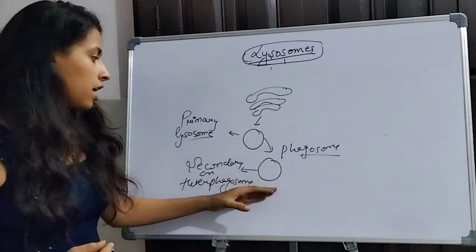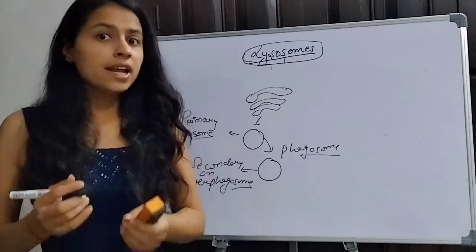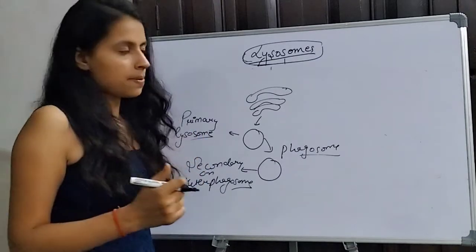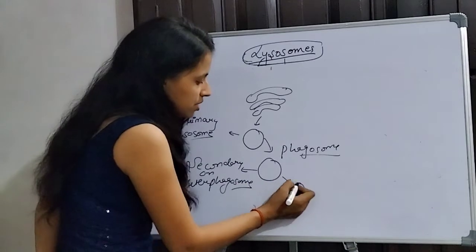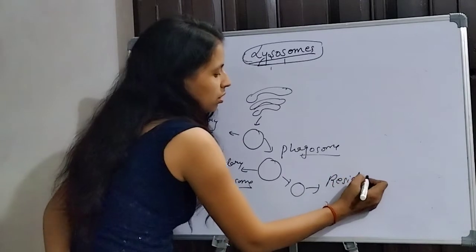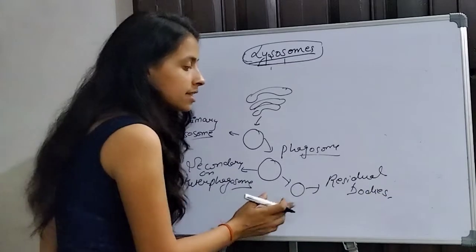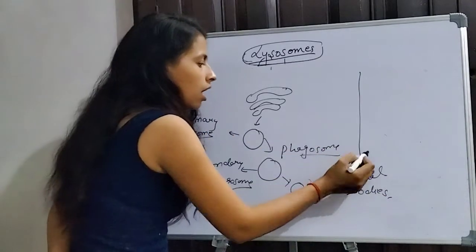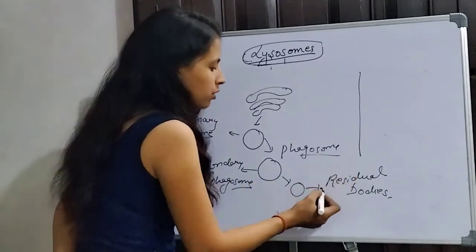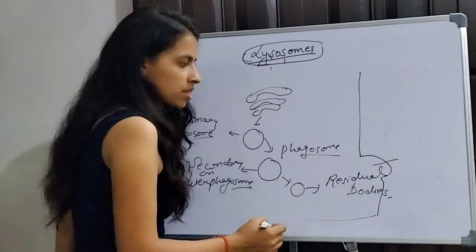When digestion occurs, the digested food particles pass into the cytoplasm, and what is left contains undigested or indigestible substances. When it contains indigestible substances, we call it the residual body. This residual body is further thrown out from the cell by the process of exocytosis.